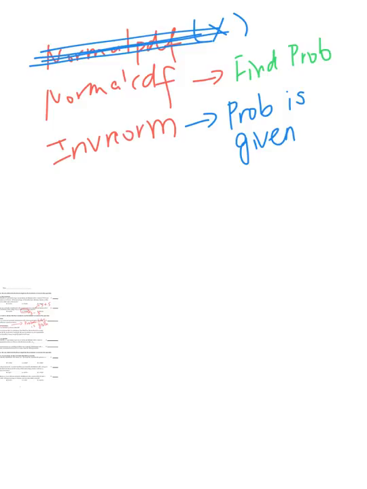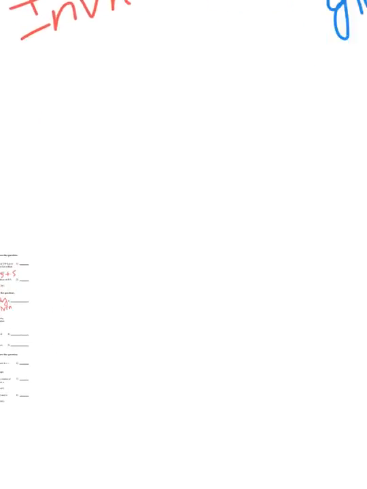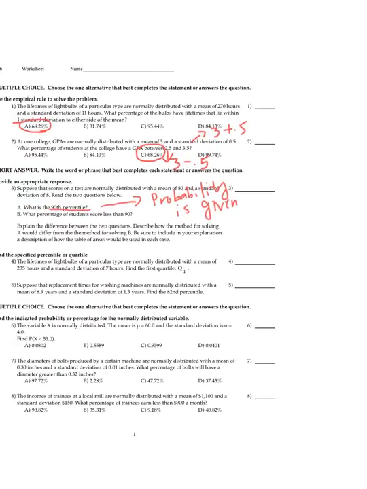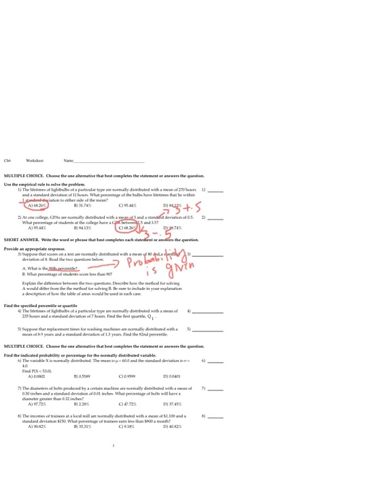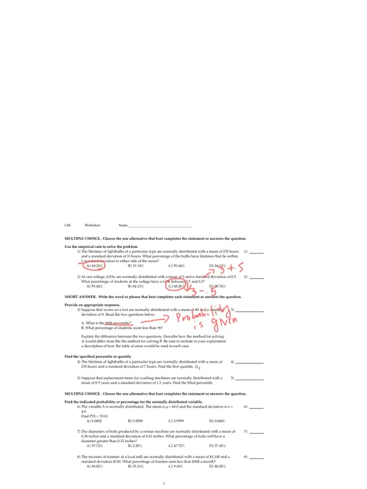And for number 3, let's go back and have a look at number 3 very quickly. For A, we are looking for a percentile, and for B, we want to find the percentage. So what is the meaning of percentile?